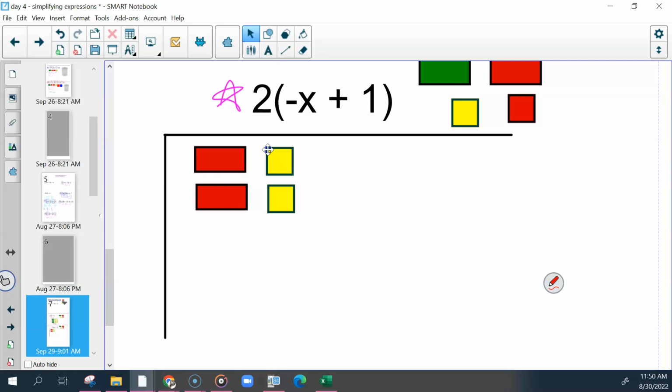What all would I have here in total? Negative 2x.